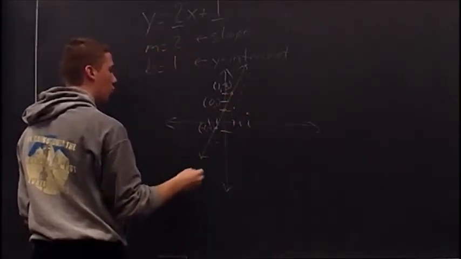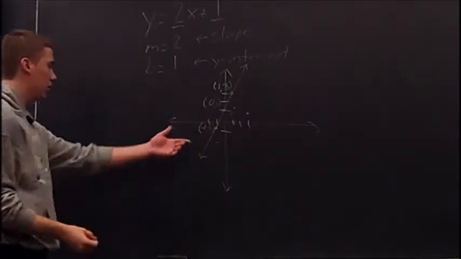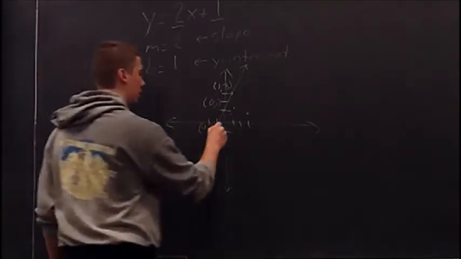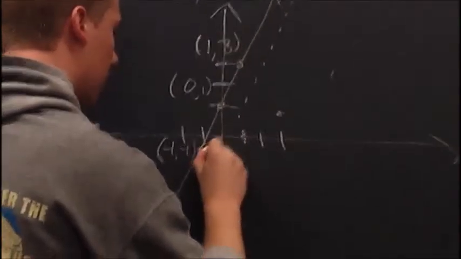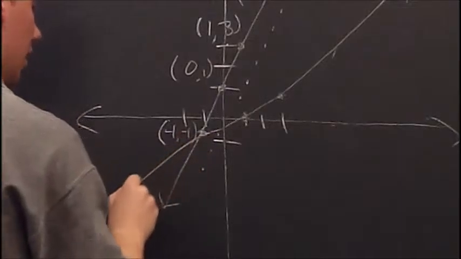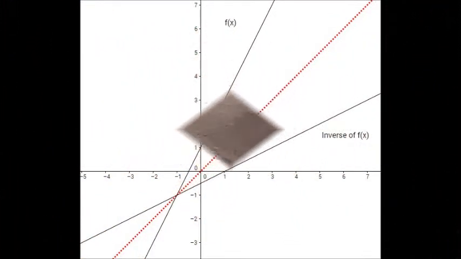This coordinate becomes 1, 0. And this coordinate becomes -1, -1. So that would stay the same. Connect it here, and this will be our inverse function.